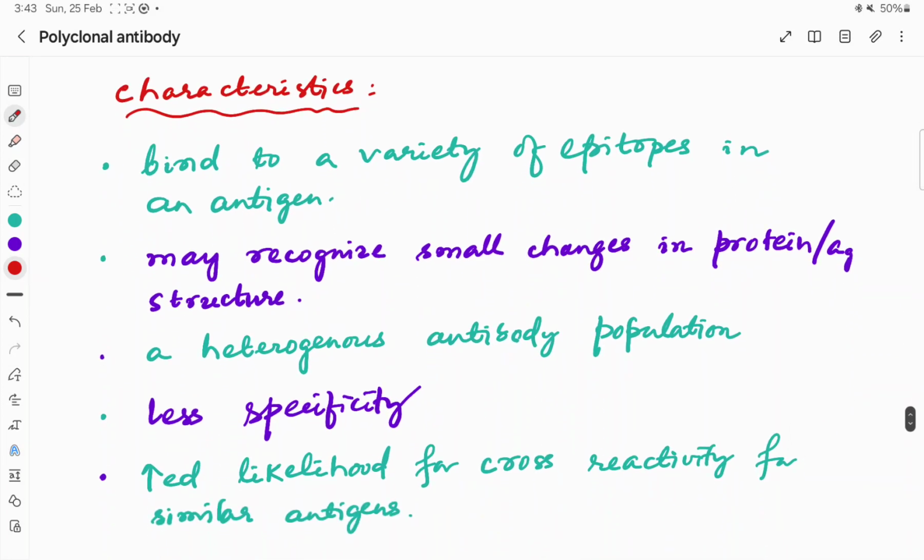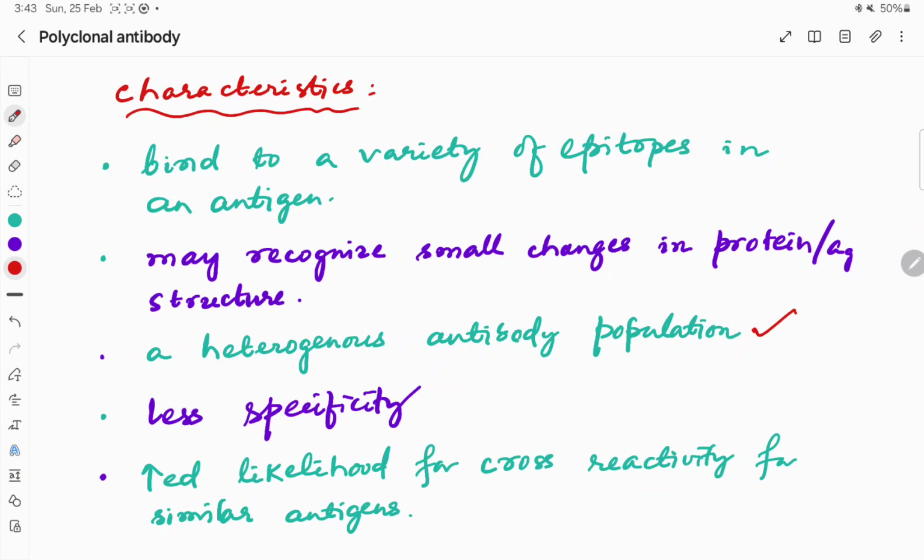So what are the characteristics of polyclonal antibodies? They bind to a variety of epitopes on an antigen. Suppose there is a small change in the protein or antigen structure, it can still recognize it because it has a mixture of antibodies. Because of this, there is one disadvantage: it has cross reactivity. With similar antigens it can react. So it is a heterogeneous antibody population.